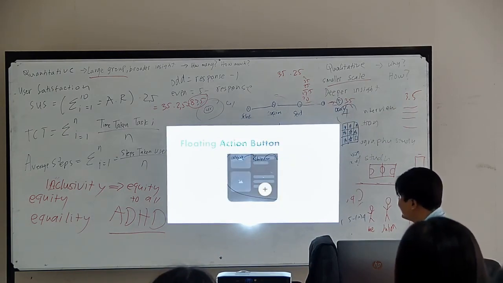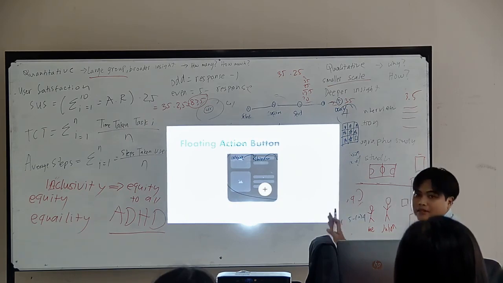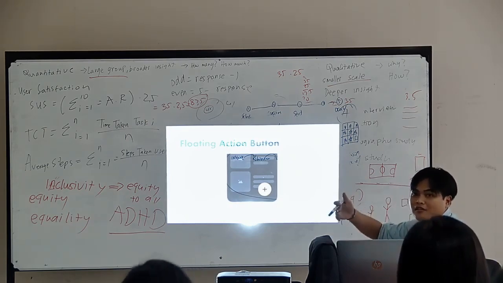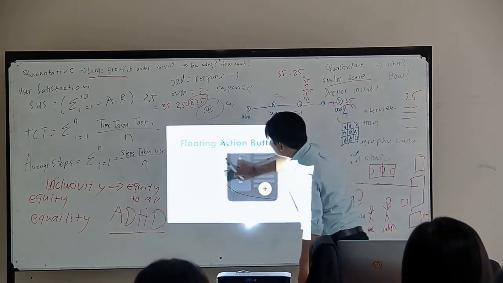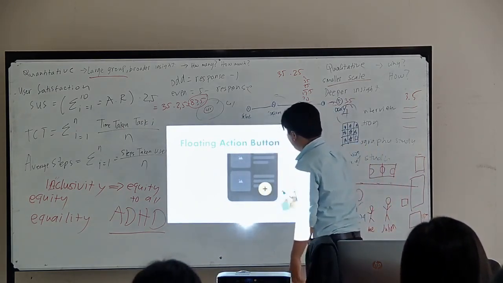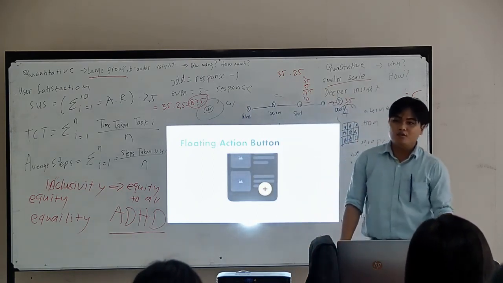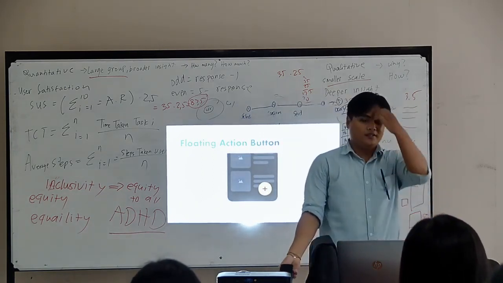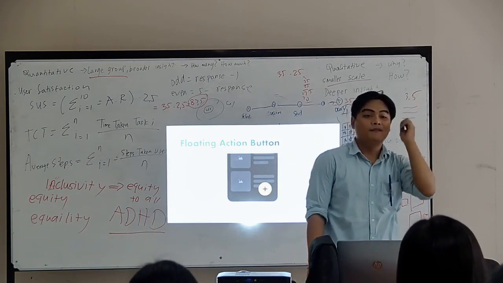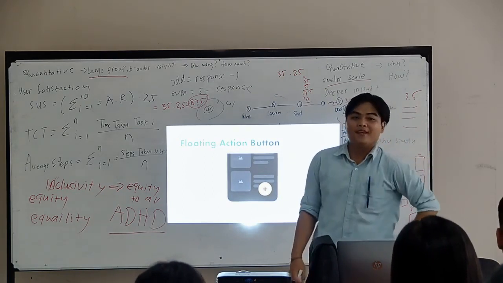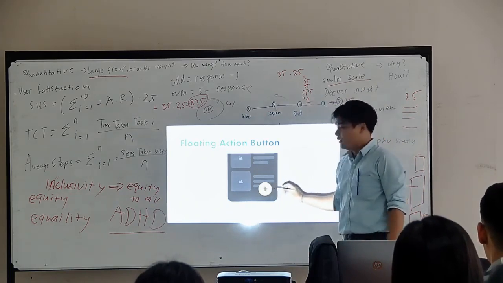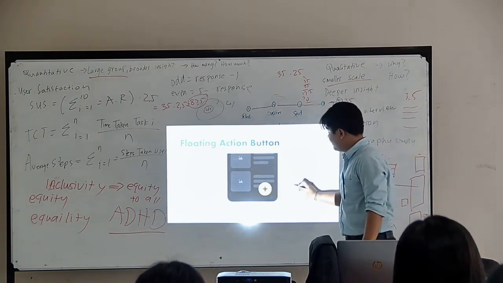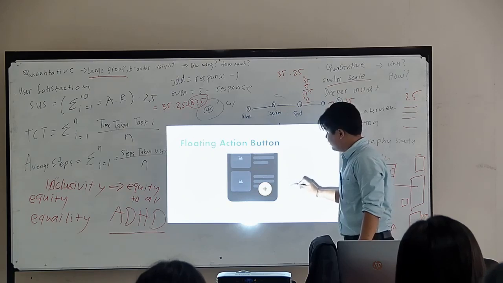This is floating button. It will never disappear when you scroll. When do we use a floating button? Why do we have a floating button? Let's say this is a pen.